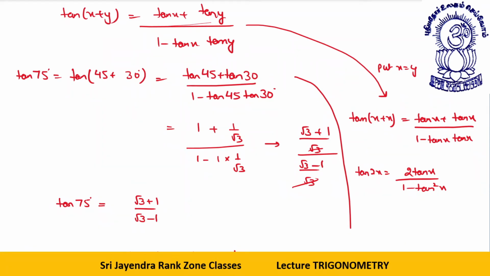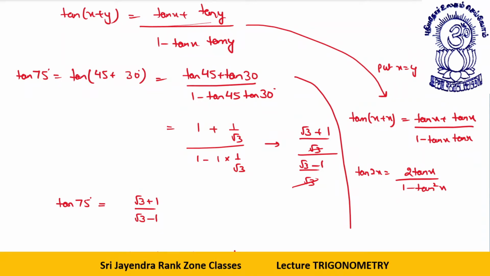What I'll do, I'll take half. I'll write this as half into half. Then root 3 cos 24 minus sin 24, I will write as 1 by 2. I take this 1 inside: root 3 by 2 cos 24 minus half into sin 24.